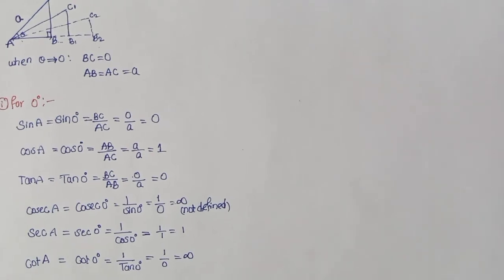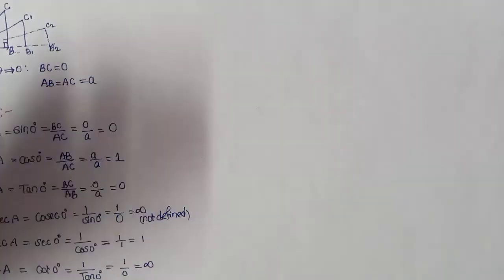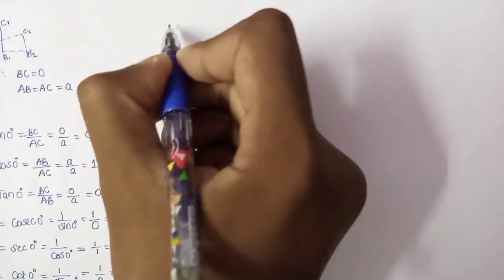For 90 degrees, we'll construct the same triangle. We consider another triangle.